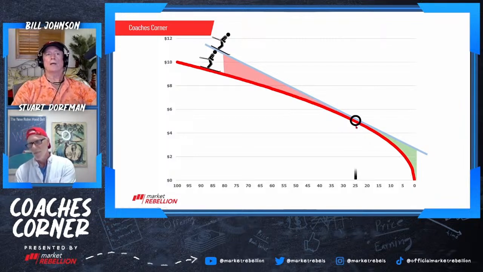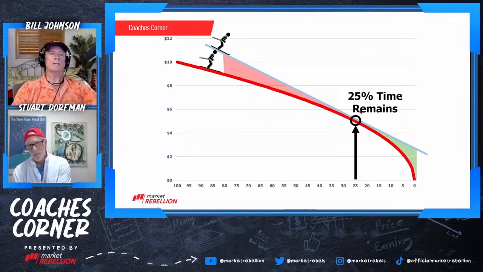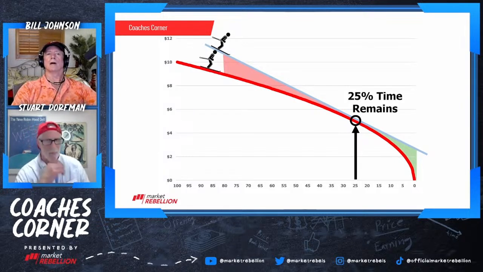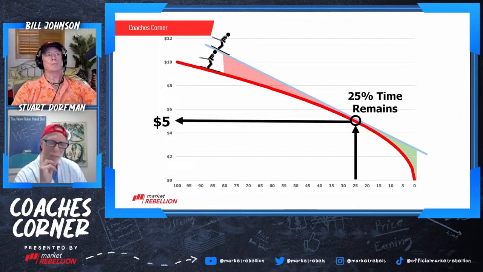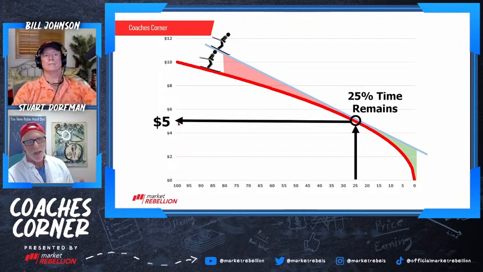So there is a point, and it turns out to be right when 25% of the time remains, that you're going to lose 50%. We can see that because the average rate of decay is going to be 10 cents per day. And again, as usual, guys and ladies, I'd never be gender specific.